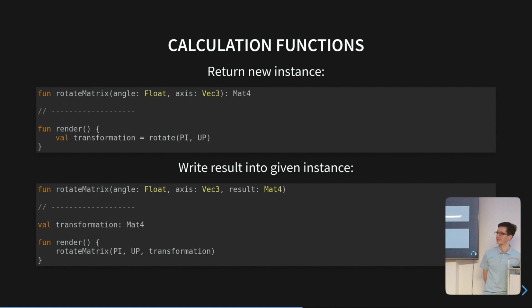So the way I developed the game is by starting with these ones, and I experienced that the game was running very slow. I looked at the profiler, looked at where these objects are coming from, and I replaced the most critical ones with these ones. So in this one, a field is already created, and that field is used every time to store the result of the operation.